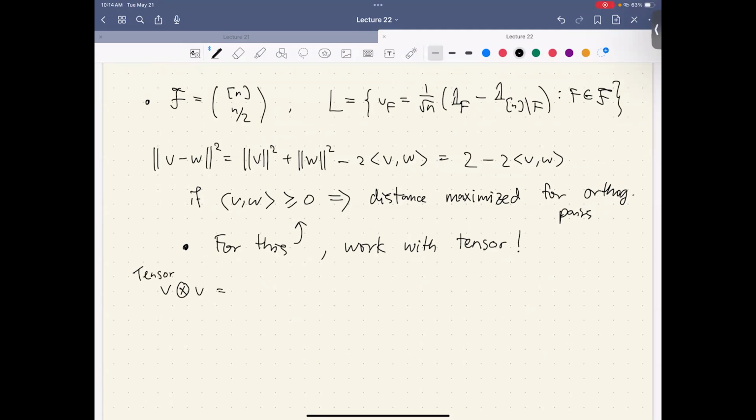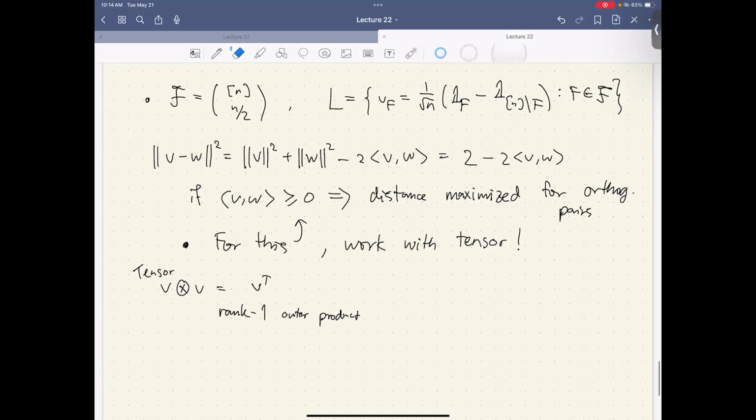This just means the rank 1 outer product of a vector, that just means v v transpose, where we should always think of a vector as a column vector.